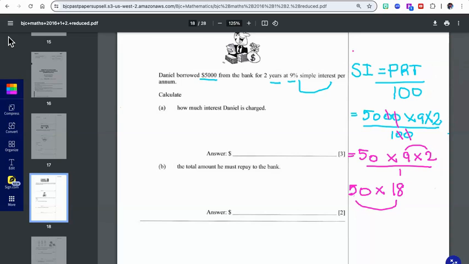The interest is in dollar amount. So that means that the interest alone from borrowing $5,000 is $900. Not percent, $900. So simple interest, how much interest is he charged?